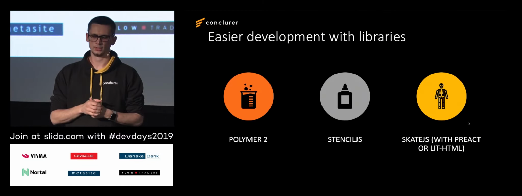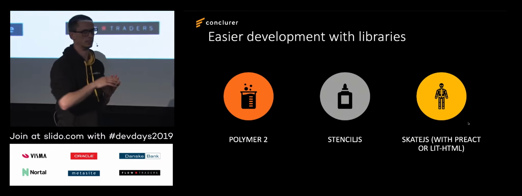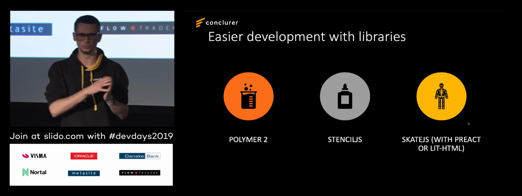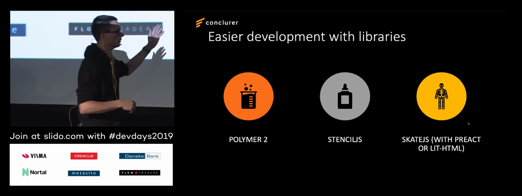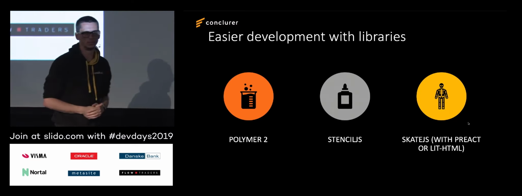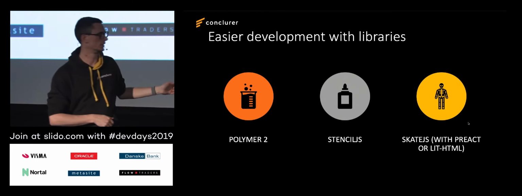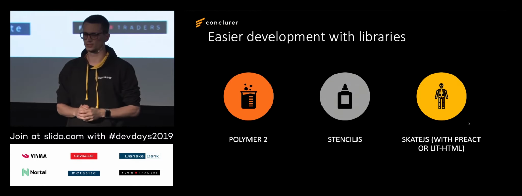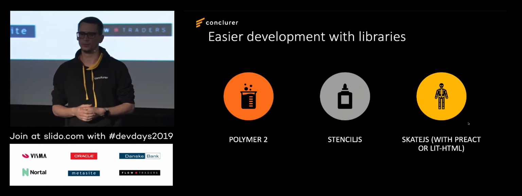The good thing is, also for web components, there are existing libraries where you can easily build web components, so you don't have to do anything from scratch. For example, there's the mostly Google-driven framework called Polymer. Then from the Ionic guys, there's Stencil.js. It's more like a transpiler for web components than a framework.